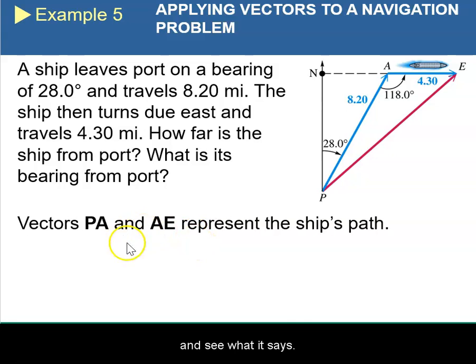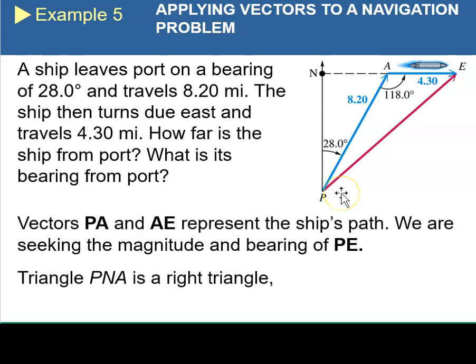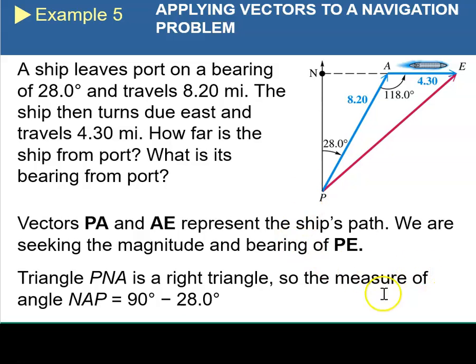Okay, so the vectors PA and AE represent the ship's path. We're seeking the magnitude and bearing of PE. Triangle PNA, the smaller triangle here, is a right triangle. So the measure of angle NAP is 90 minus 28, which is 62.